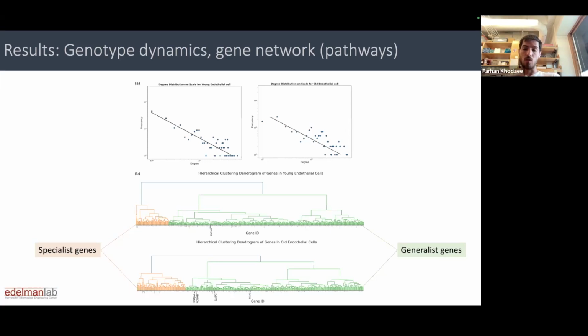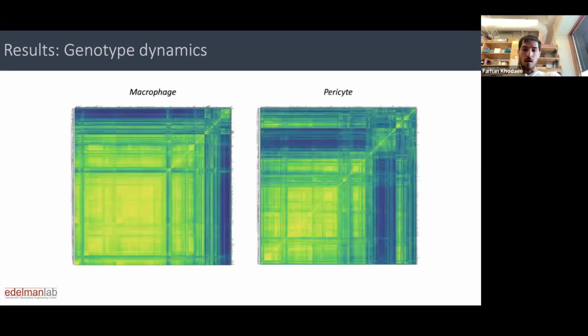And that's why we get this high level characteristic of aging that's really hard to hone down to one or two genes. Yeah, I'm going to skip this, but basically, just looking at the gene interactions, you can understand how the same genes interact differently within two different phenotypes. Let's say here, macrophages and parasites.